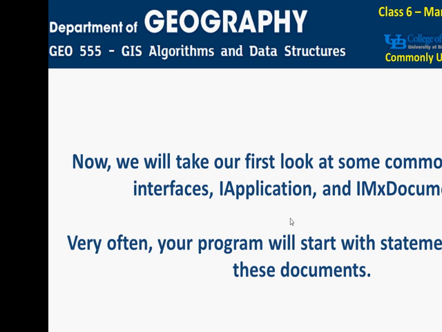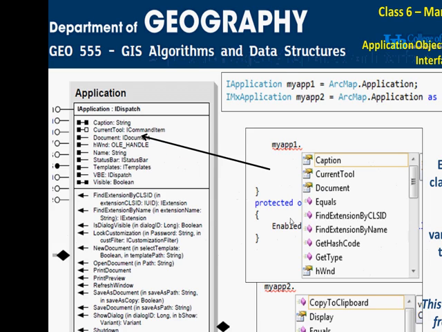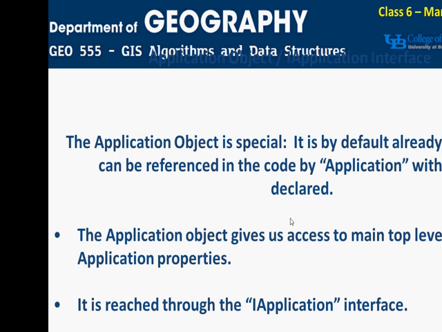Very often, not all the time, but a good majority of the time, your code may start out with identifying these two objects. And these two objects are somewhat special in that they're already defined and accessible for you. And we'll see what that means in a second.